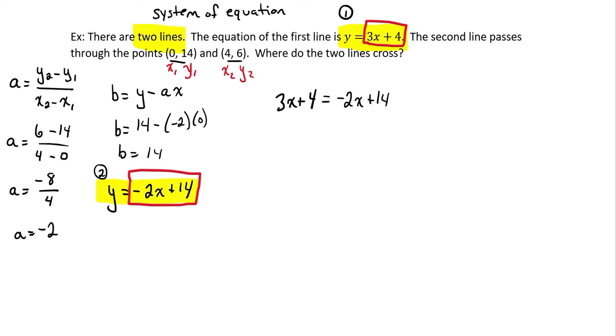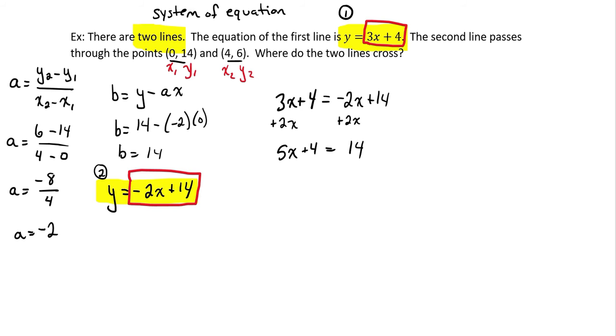Now we do need to use some algebra. We need to get our x's on one side, our numbers on the other side, and then solve for x. So let's get all of our x's on the left-hand side. Let's add 2x to both sides. That'll give us 5x. We still have this plus 4. Negative 2x plus 2x is 0, but we still have this 14.